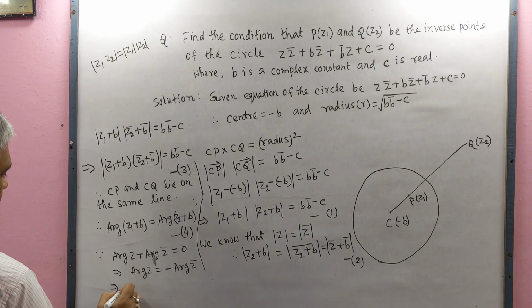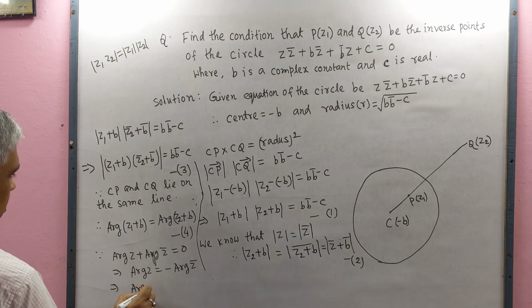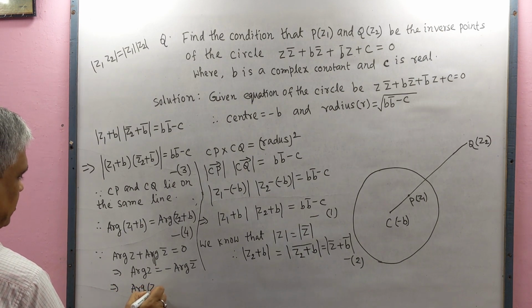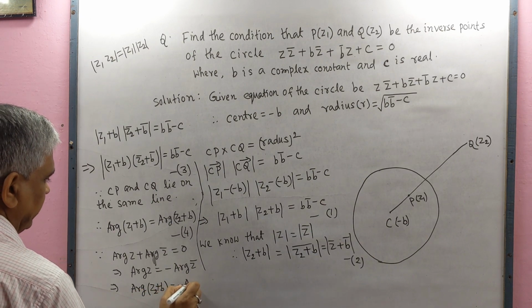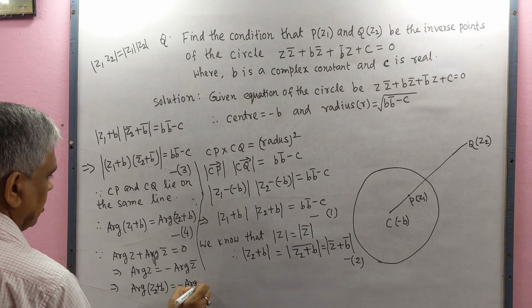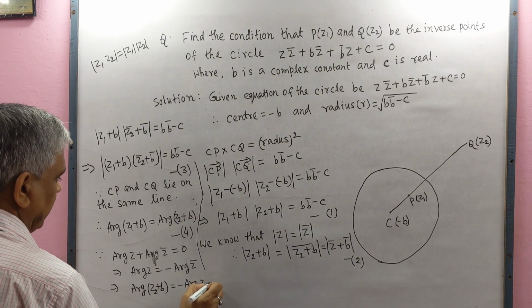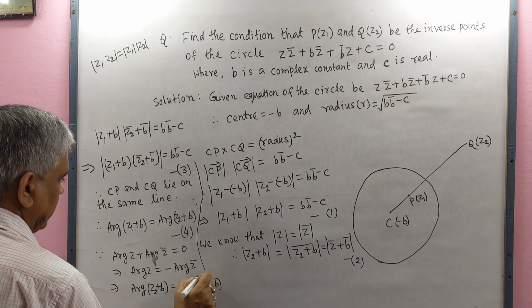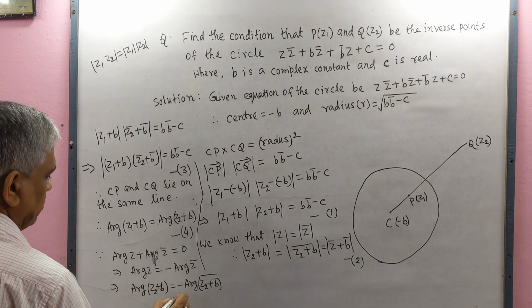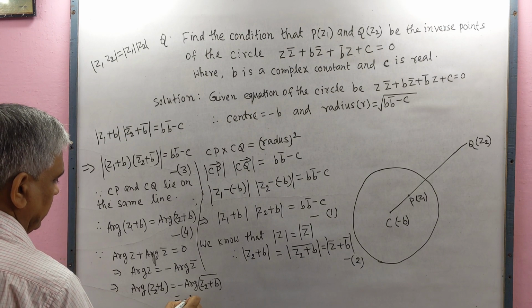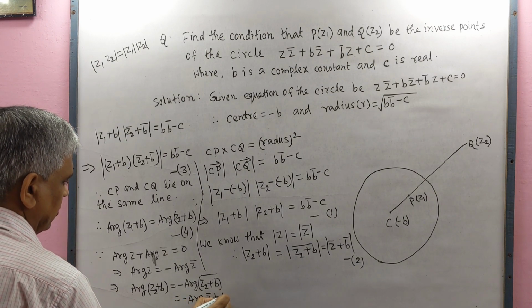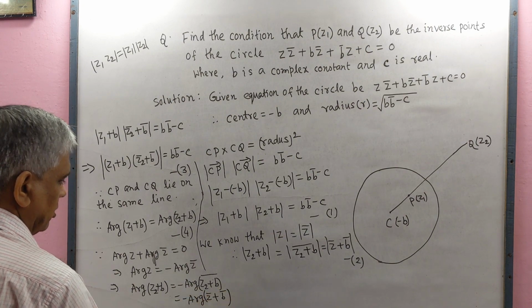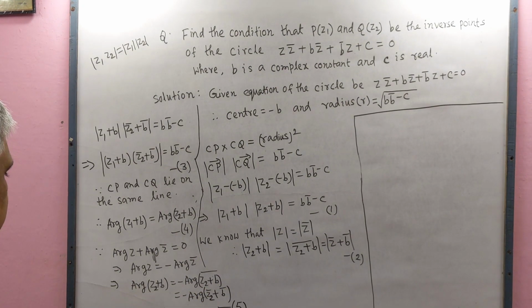This implies that argument of Z2 plus B equals minus argument of Z2 bar plus B bar. This is equation number 5.